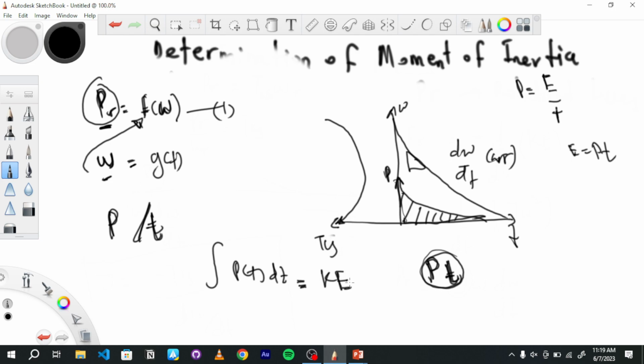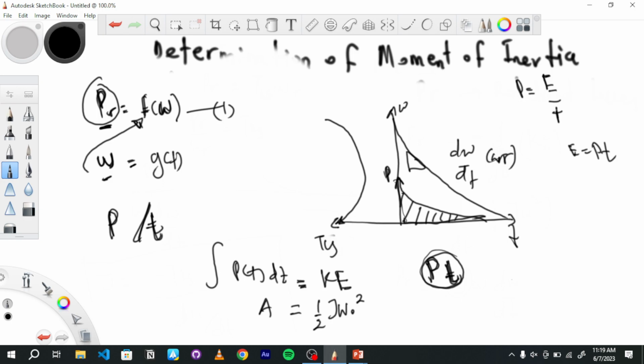So all we are saying is that I can give a rotational loss power as a function of time, and the area under that P against t curve will correspond to kinetic energy. So we know that this area, the kinetic energy, is half J omega naught squared.